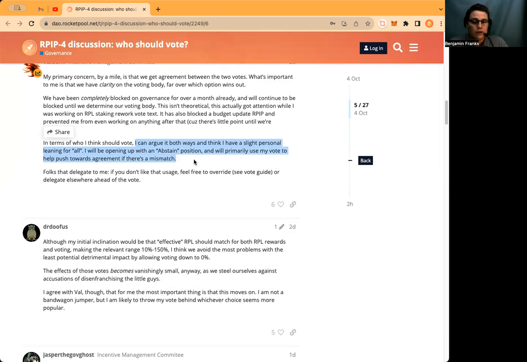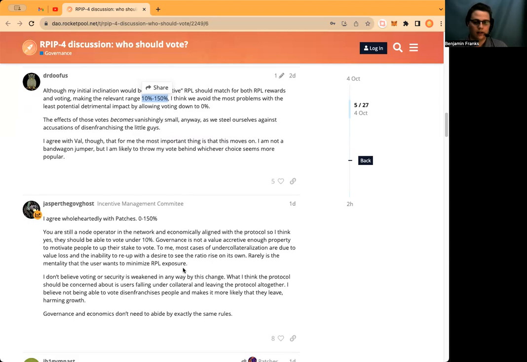And so if we do 10% to 150%, I'd really like to see a more consistent schedule of when we take the voting snapshot, so that low stake node operators have that chance to top off before the snapshot in case something slips somewhere.